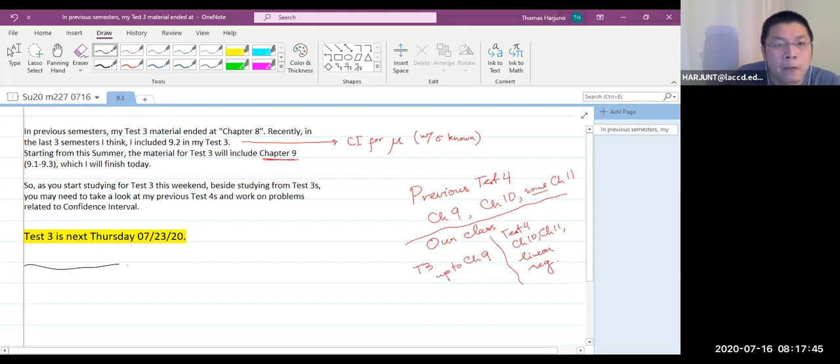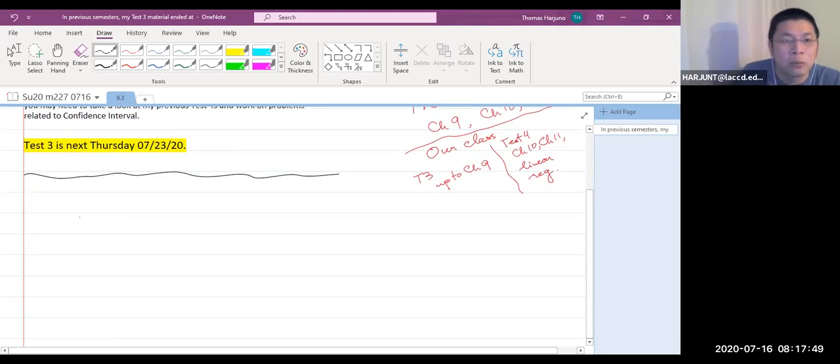Okay, now let me go on to 9.3. 9.3 is confidence interval for population variance, and consequently, we can go on later to confidence interval for population standard deviation.